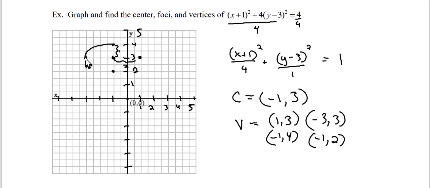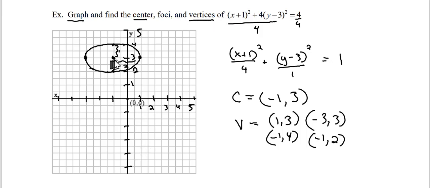Draw our ellipse. This would have been pretty tiny if we had left our scale at 1, so I'm glad we made that adjustment. We graphed it, found the center. We have not found the foci. We did find the vertices.